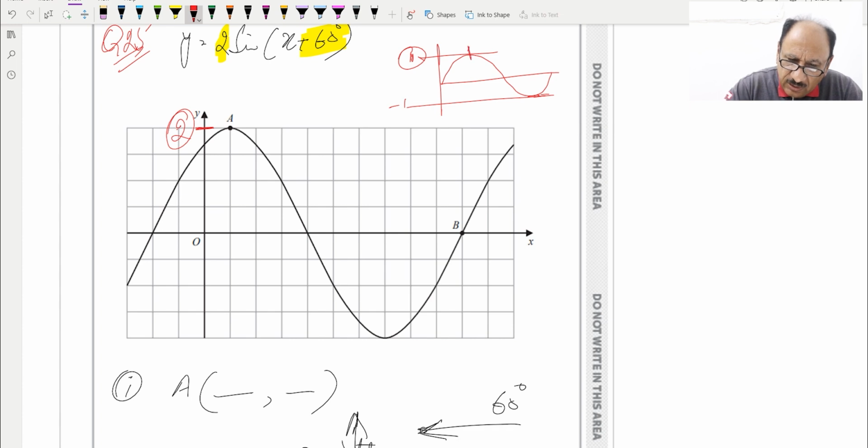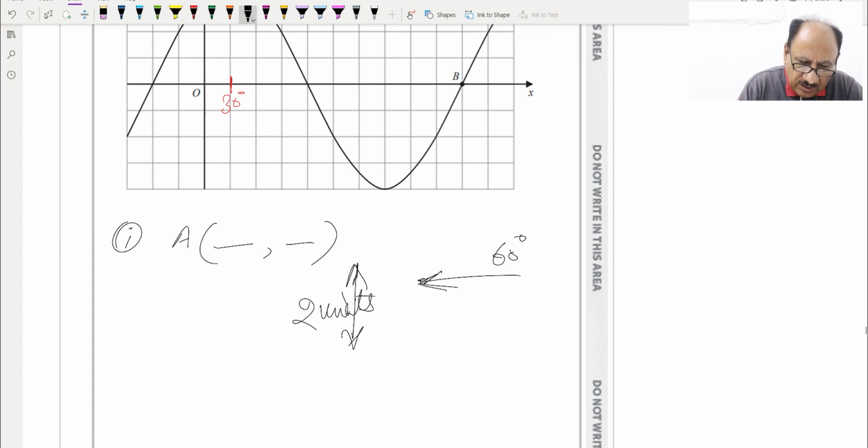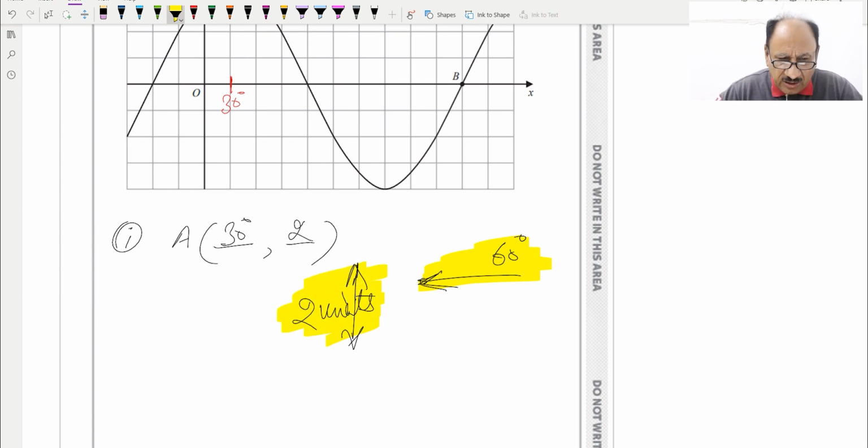We know that normal sine graph is like this one, so it is at 90 degree. This is at 90 degree, the highest point. Now it's moving 60 degree to the left, so 90 minus 60 will be equal to 30 degree. So this position will be 30 degrees, and we can write here our answer as 30 degrees, and this will be 2 units by these two transformations, which is 60 degree to the left and 2 units stretch.